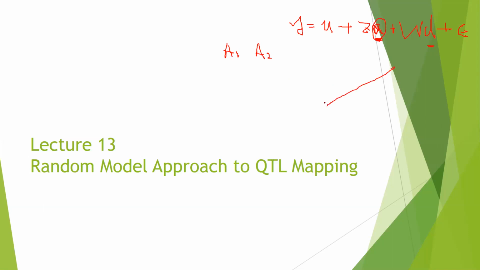If you draw this, this is A1A1, A2A2, and this is, let's say, A1A2, something like this. So the A is this, is that right? Yes, I understand this. Okay, good.